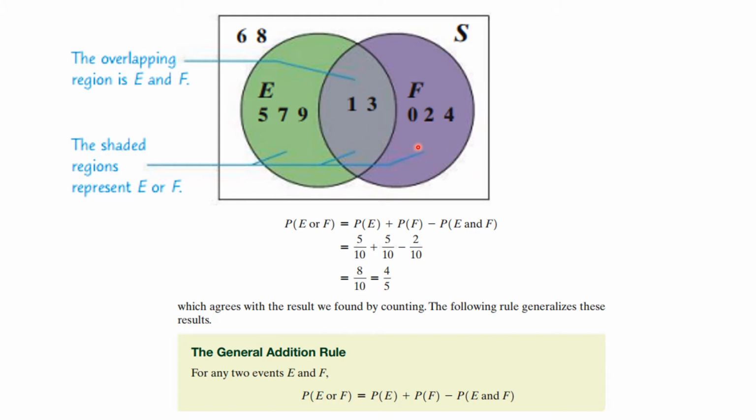So if I added those together, I would get the probability of E or F. But if I take the probability of E, I would add this part in. The probability of F would add this part in, and so I would be double counting this.